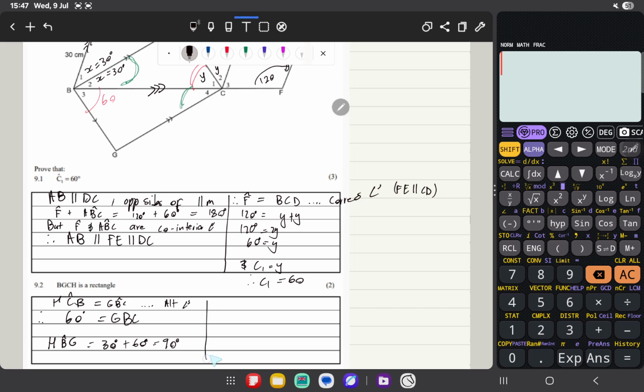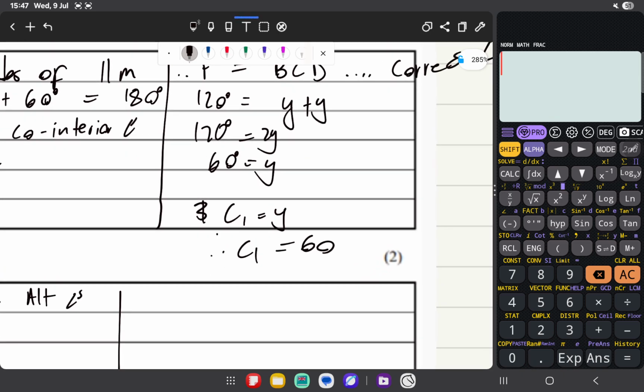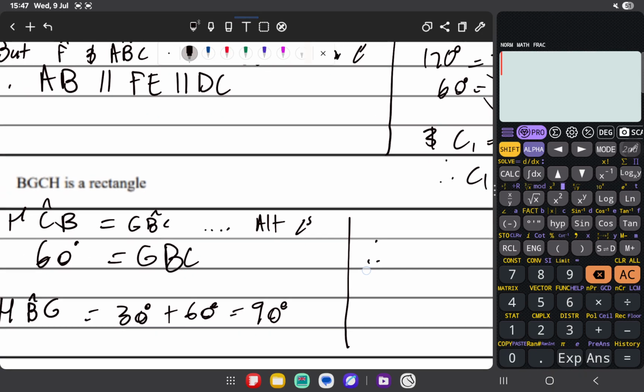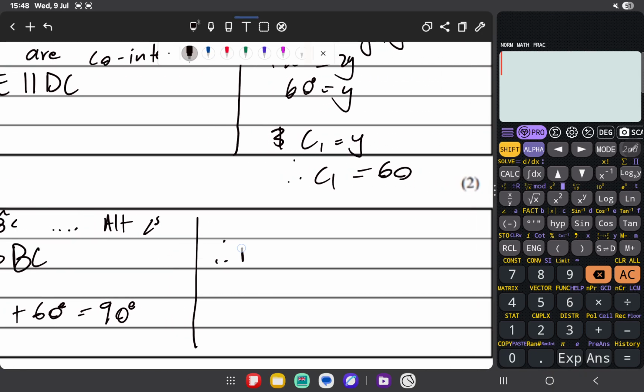So then after showing all of that, you will say, therefore, BGCH is a... no, we are not proving that. We are proving it is a rectangle.